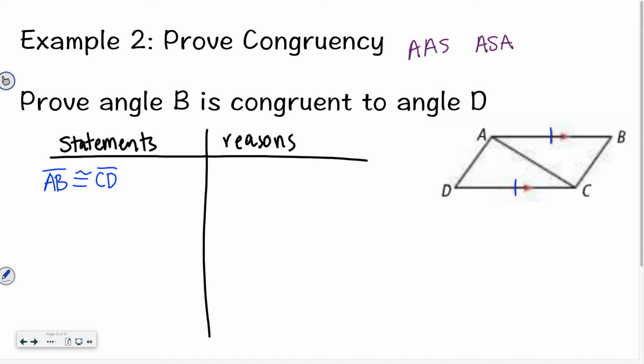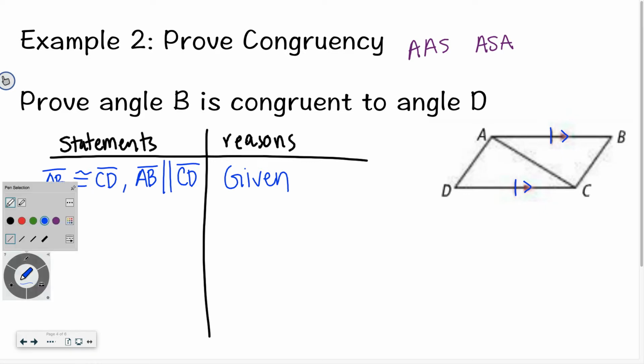And then I also have these arrows. They might be hard to see in your video, but they're there on the picture, okay? So that was given information. And those arrows, remember, tell me that two things are parallel. So I can also say that segment AB is parallel to segment CD. And this is all given in the picture.